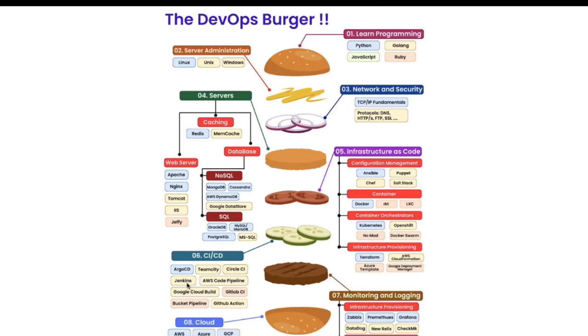So focus on the Azure DevOps and GitHub Actions, the Microsoft products. If you are interested in AWS, then AWS CodePipeline. And Jenkins also you need to have the basic understanding. Jenkins is an open source tool which you can install and check, and it is a graphical user interface tool where you can configure all the CI/CD.